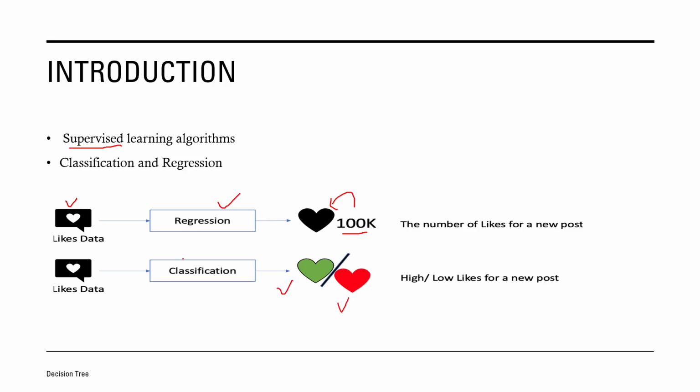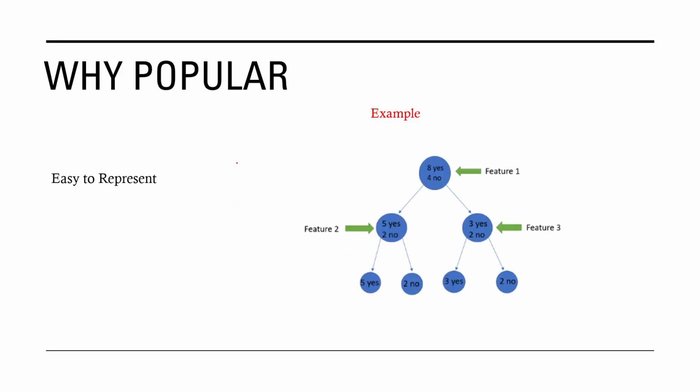So we can achieve both regression and classification through decision tree. And last week we saw that regression only gives us a continuous value.